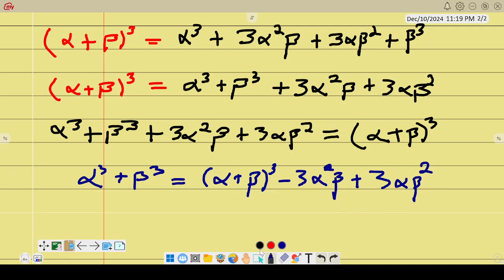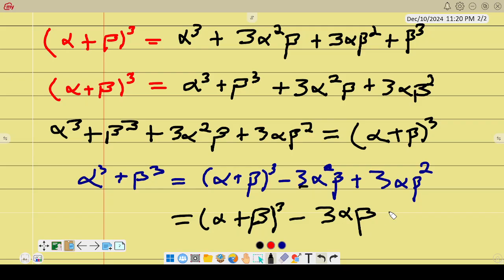And then here we can even simplify further. We're going to have, so this is alpha plus beta squared minus, so alpha plus beta squared minus, here we can factor out 3, and then we can also factor out alpha, because alpha is on both sides and also beta is on both sides.